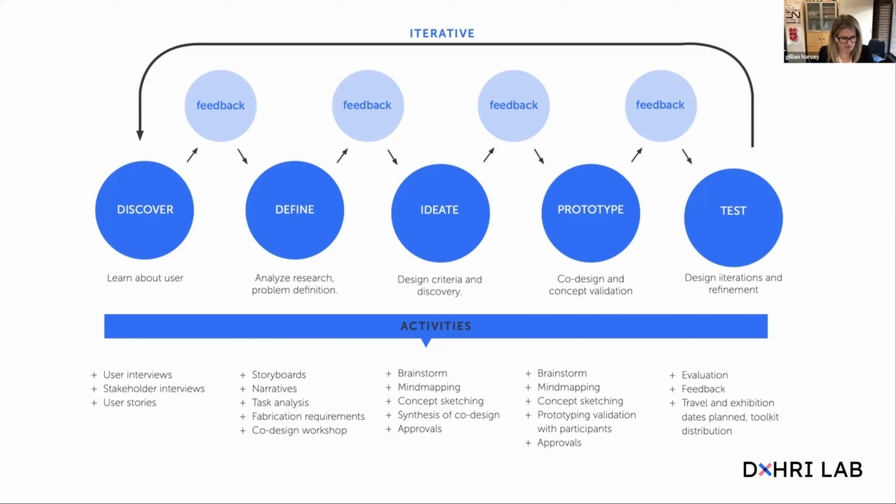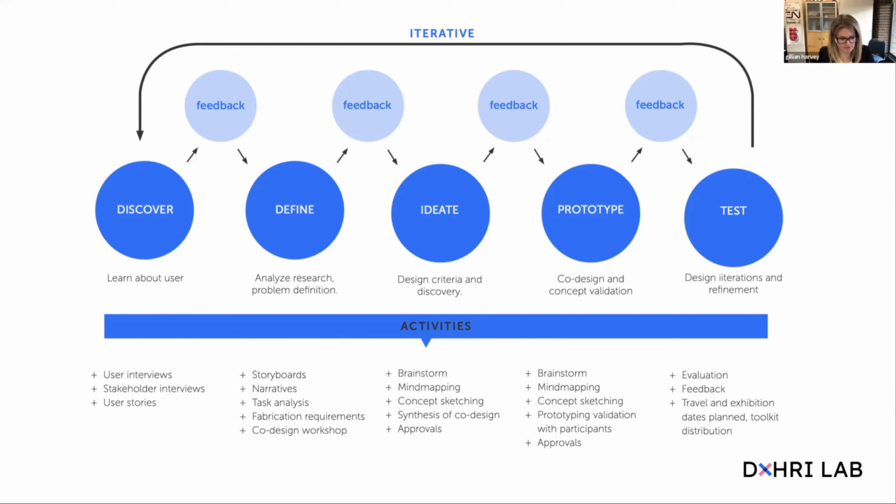So first we just learned and discovered about the audience through a series of interviews. Second, we defined the research scope and the problem definition by analyzing some of the literature, which was interestingly about graphic communication and comics. Third, we defined the design criteria and worked with our population in various co-design workshops.